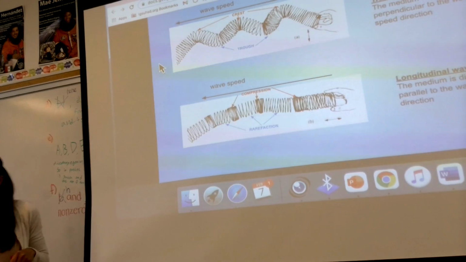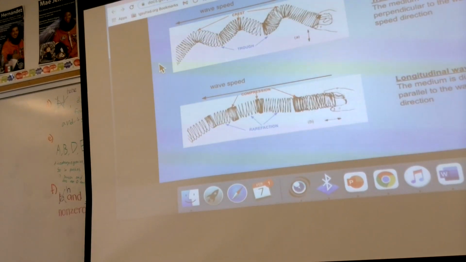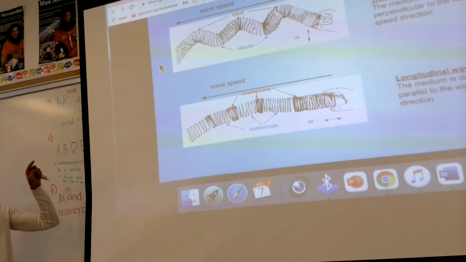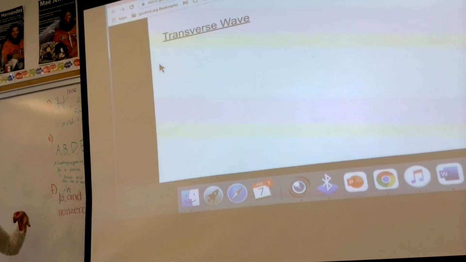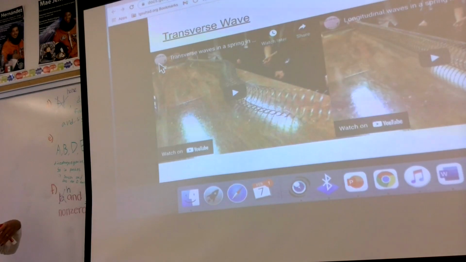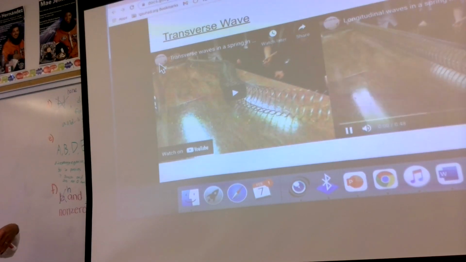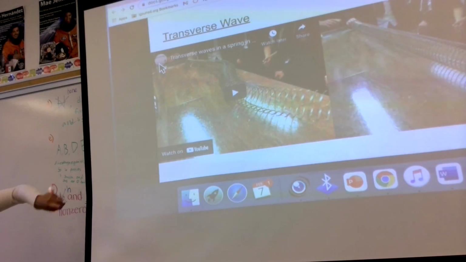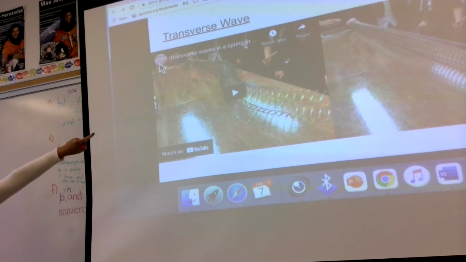Okay. Any other questions? The next examples are going to give you a little more animation to demonstrate this. So here's a visual. We've got transverse waves and longitudinal waves. That's a longitudinal wave. You can see the compression traveling in the same direction as the wave itself.